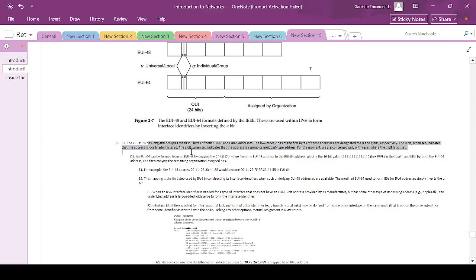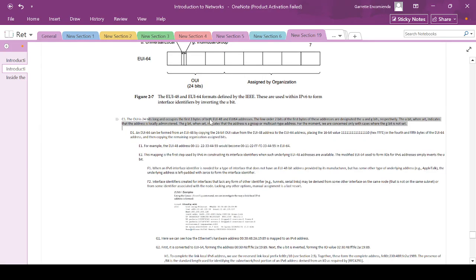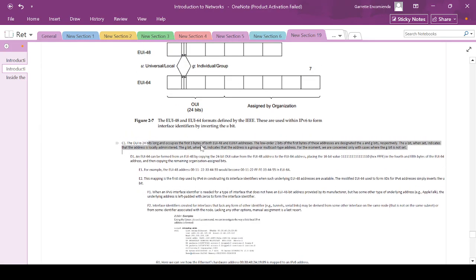The OUI is 24 bits long and occupies the first 3 bytes of both EUI-48 and EUI-64 addresses. So it's the 3 bytes. The OUI 24 bits is actually 3 bytes because remember 8 bits is 1 byte.